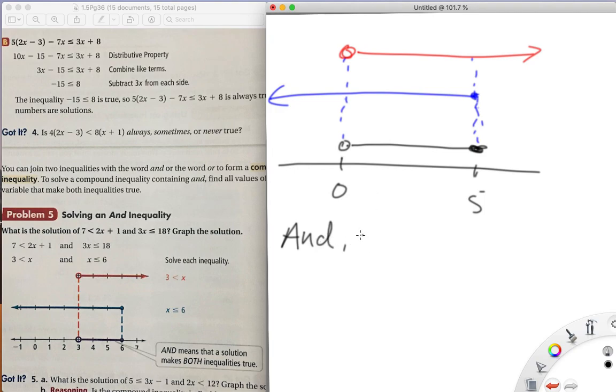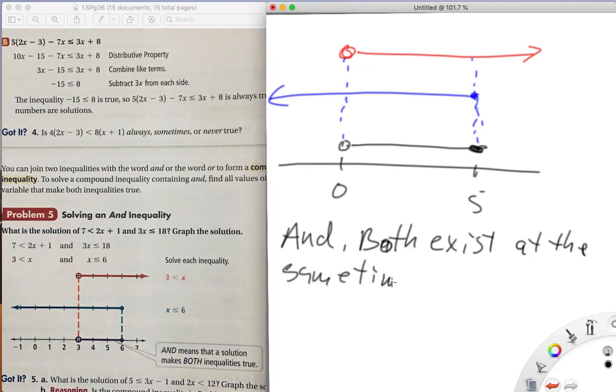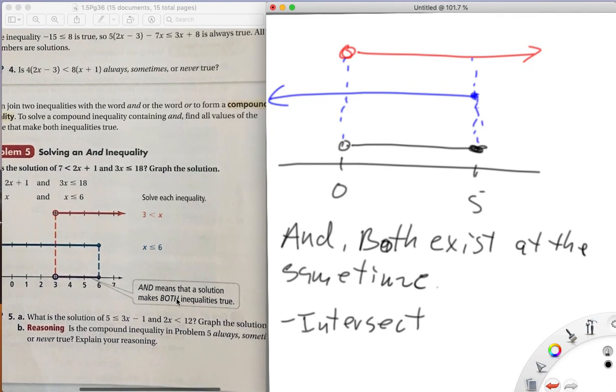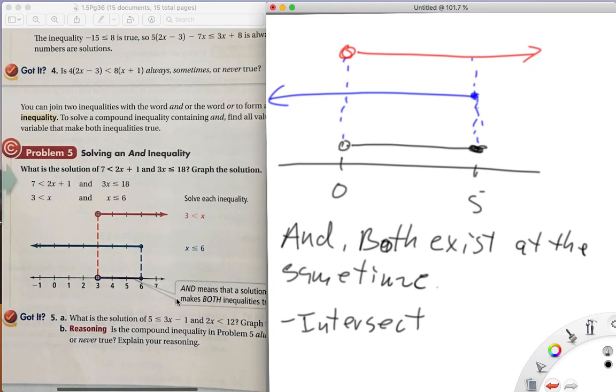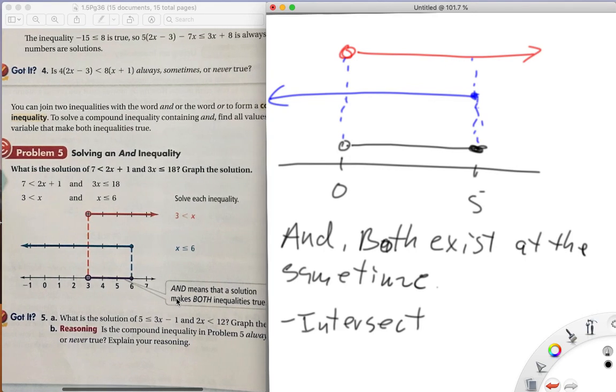This is the part where they both exist at the same time. Or you can think where they intersect. Either way. Okay? They're both true or they both exist at the same time.